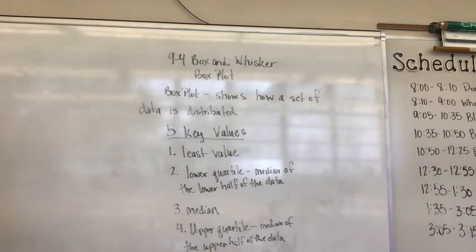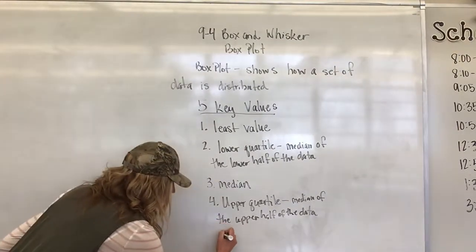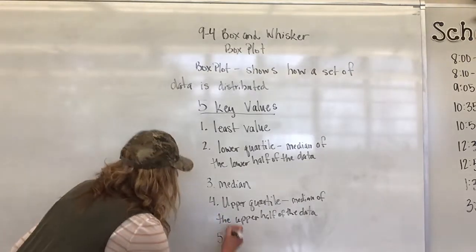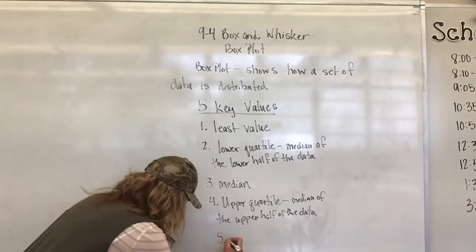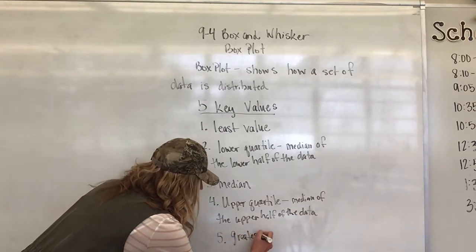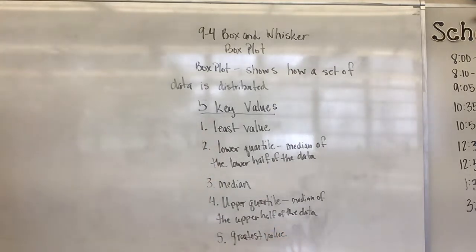Okay, so that's the next thing. And then the last thing, number 5, well, if we have the least value, we're going to have the greatest value. Okay, there's our 5 key values.